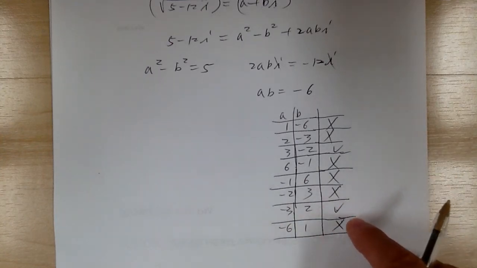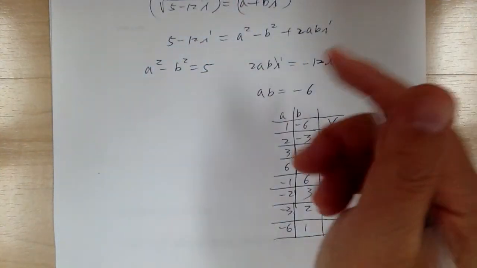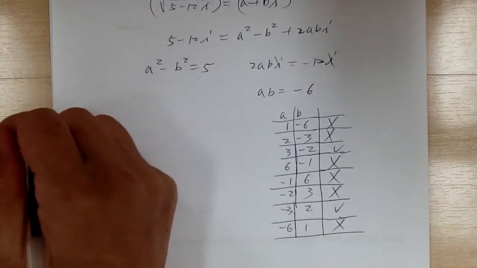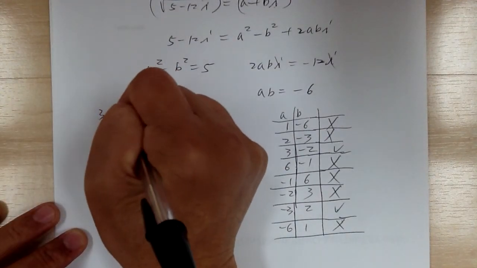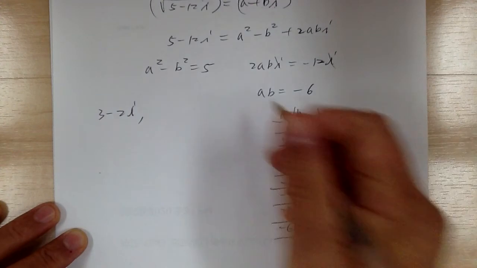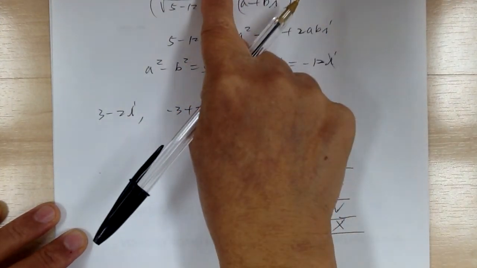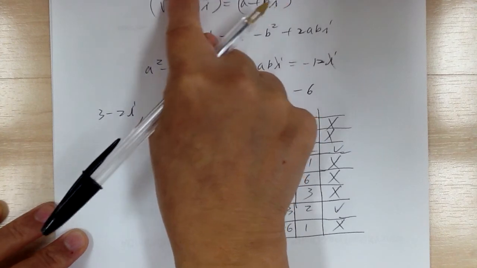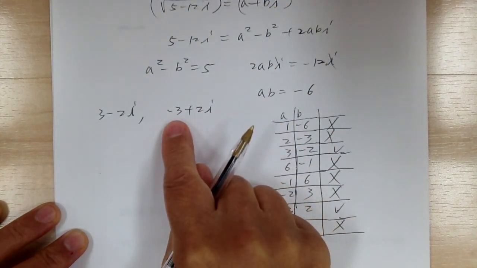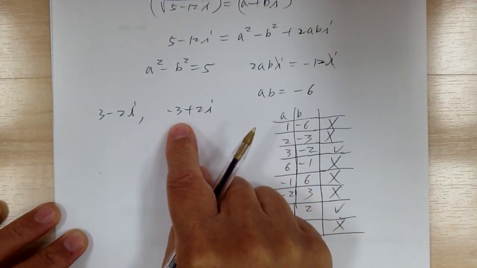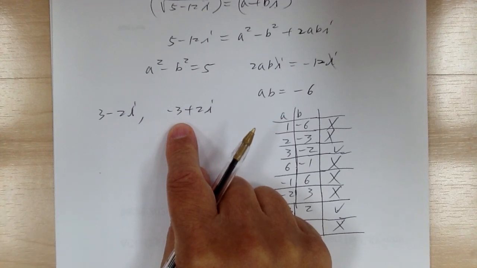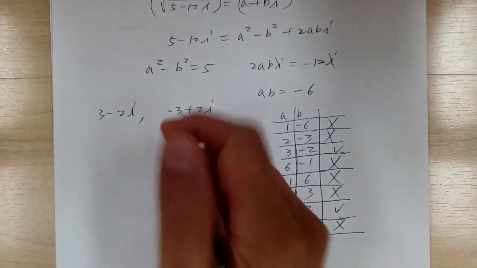And so you put in here, so you can see that it's going to equal 3 minus 2i or -3 plus 2i. Now, because with the imaginary number, this is okay. So both will work.